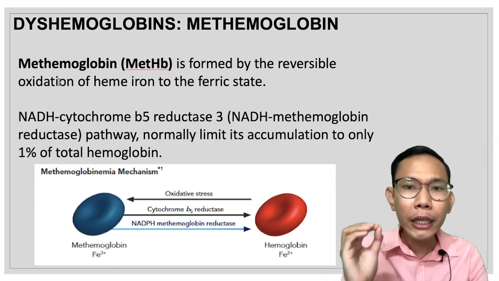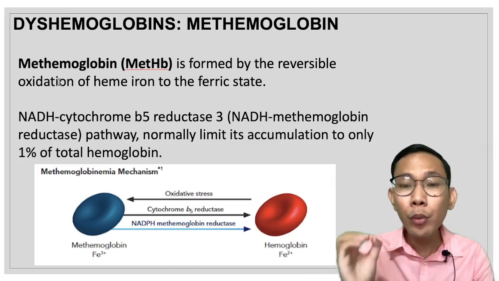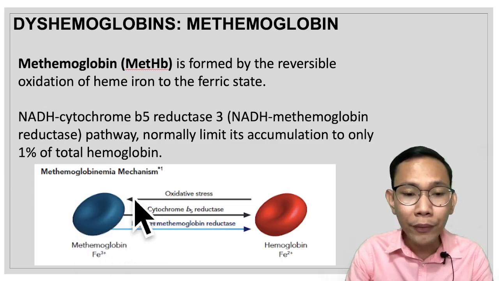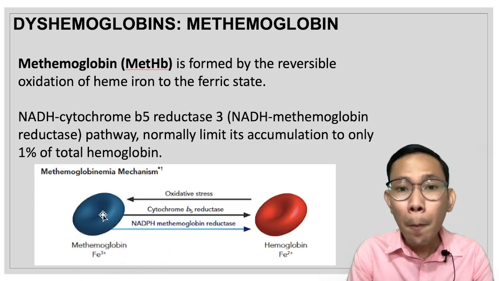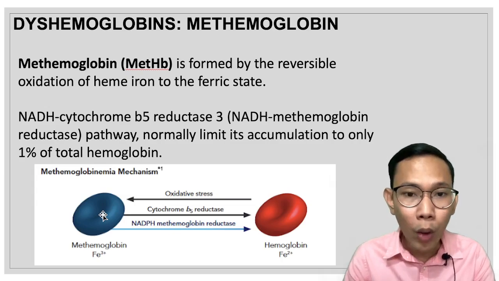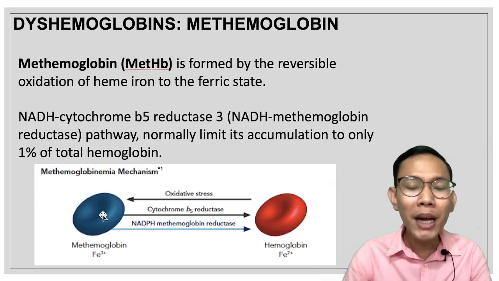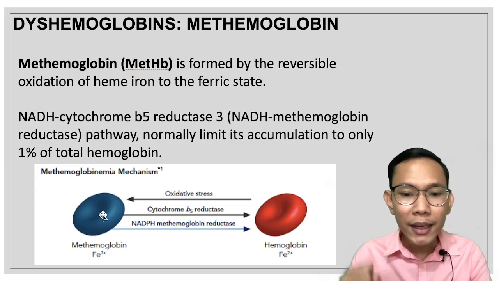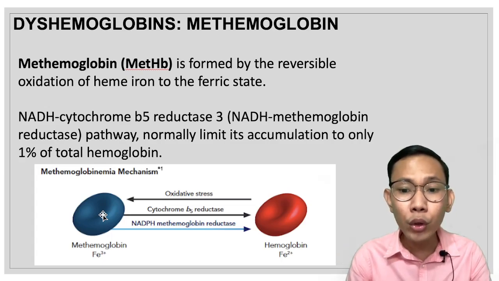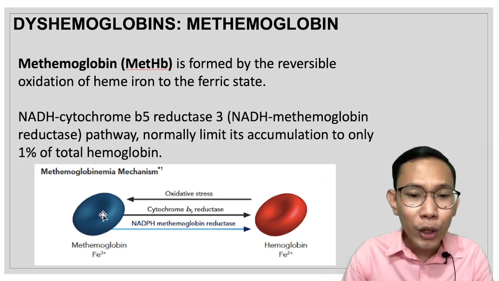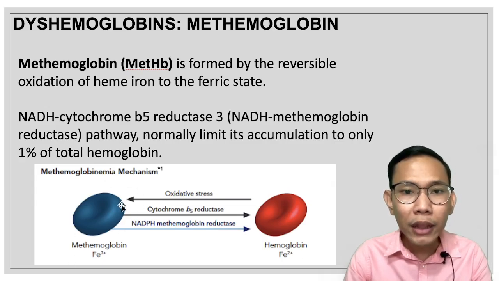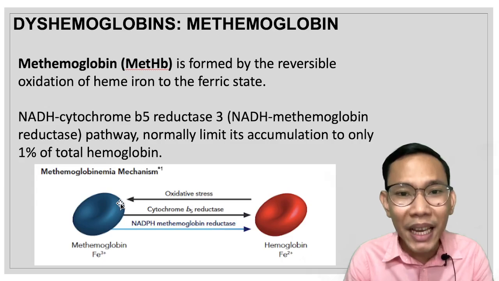However, if the methemoglobin, or the ferric form of your hemoglobin, is more than 30% in our body, that's the time there will be different symptoms. What are these symptoms? It could be cyanosis, or bluish discoloration of the skin, because you're not able to transfer your oxygen. Your skin becomes cyanotic.